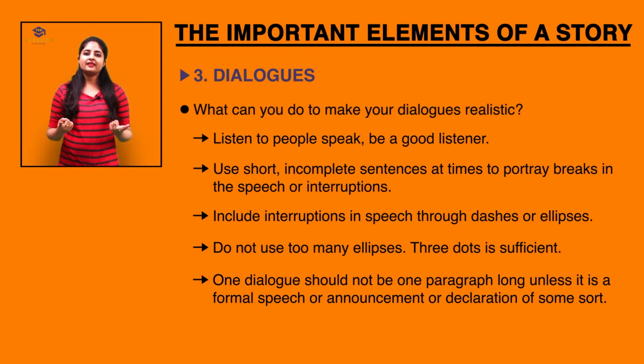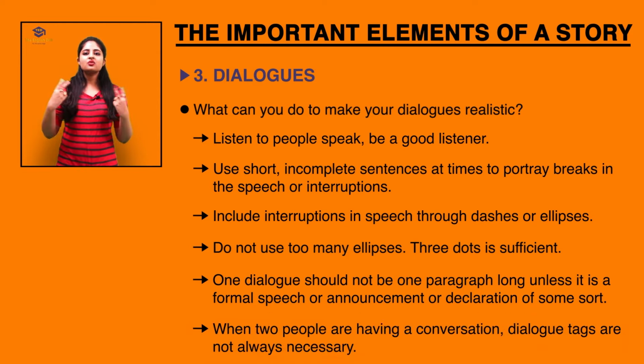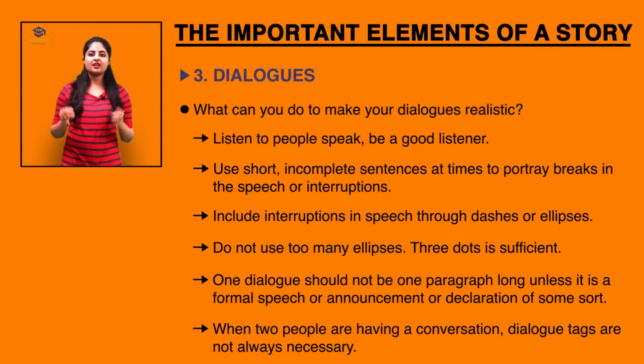There's another point that I would like to mention, and that is when it's 2 people having a conversation, talking to each other, dialogue tags are not always necessary. So at first maybe you can include a few dialogue tags for the first few dialogues to indicate who the speakers are. But afterwards, you can also use short dialogues.